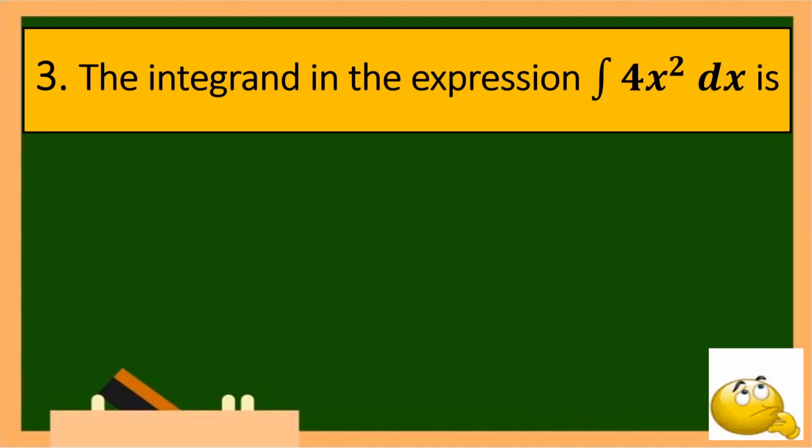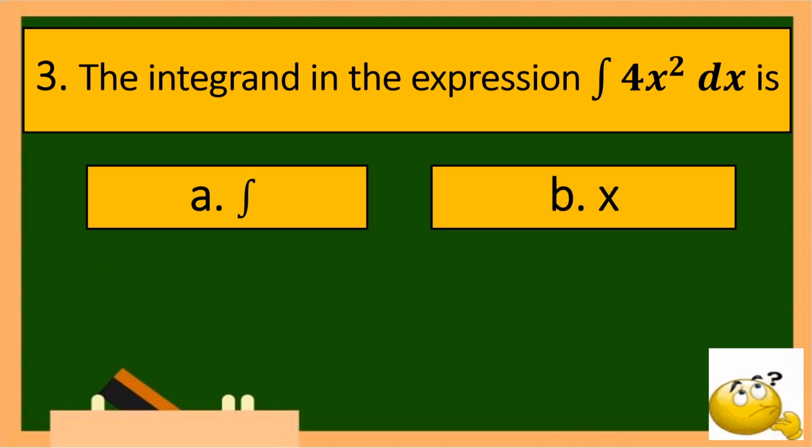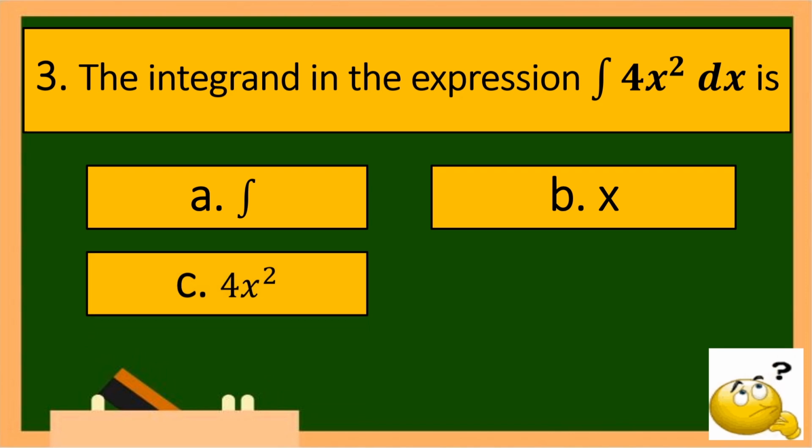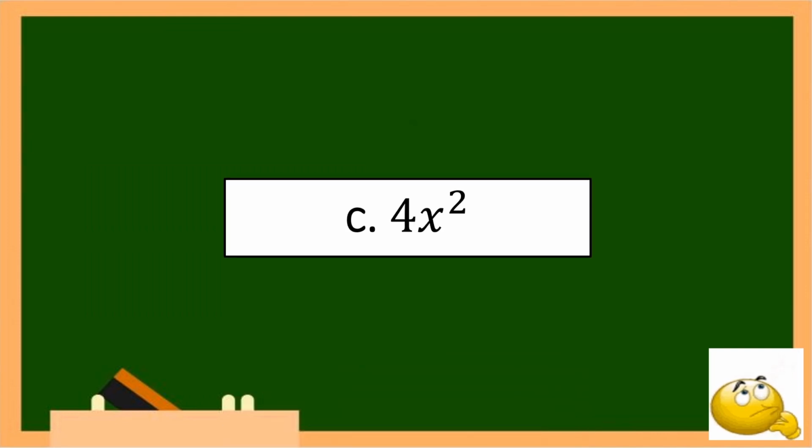The integrand in the expression, the integral of 4x squared dx is it A, the integral sign, B, x, C, 4x squared, or D, dx? The answer is C, 4x squared.